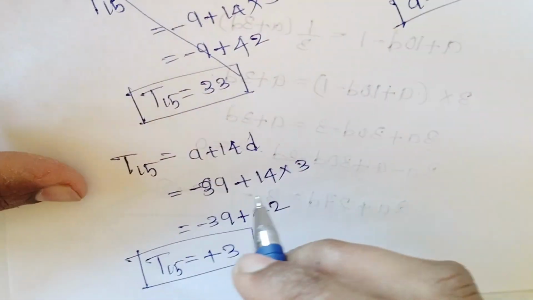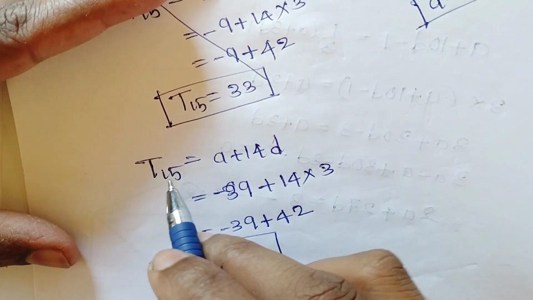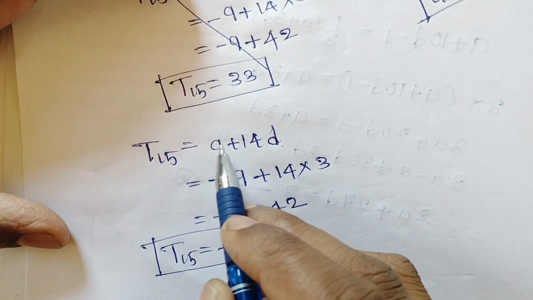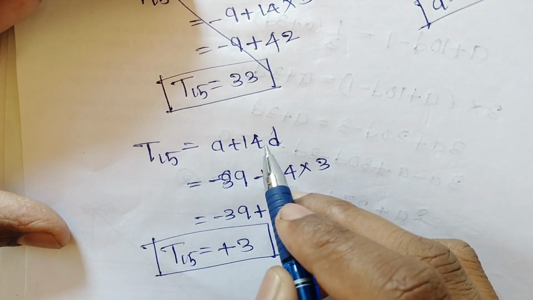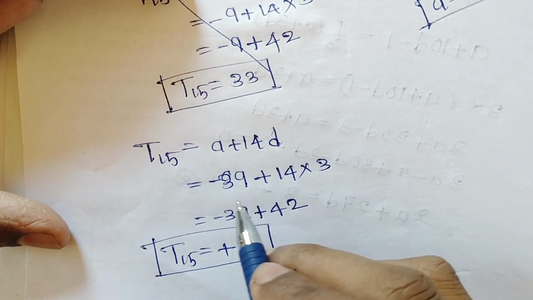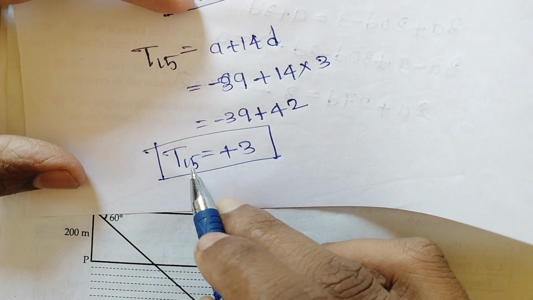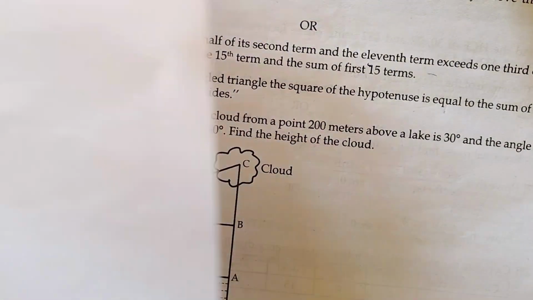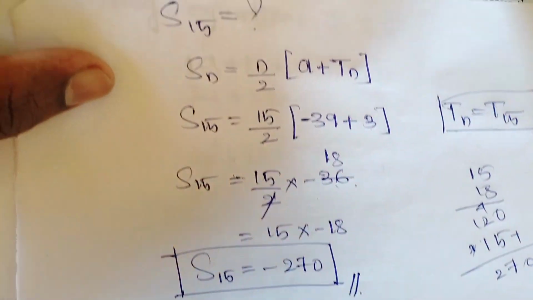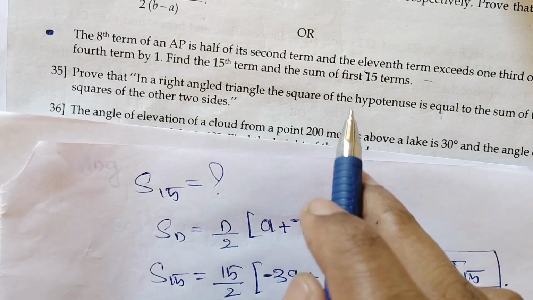By substituting, we got the first term a equals minus 39. Substituting in term number 15, which is given by a plus 14d, since 15 minus 1 is 14, we got term number 15 equals 3. Then we have to find the sum of the first 15 terms, as they have given.